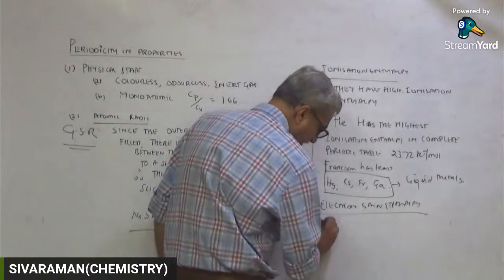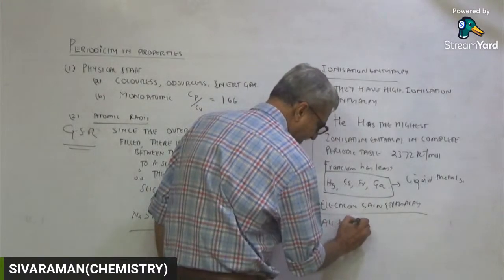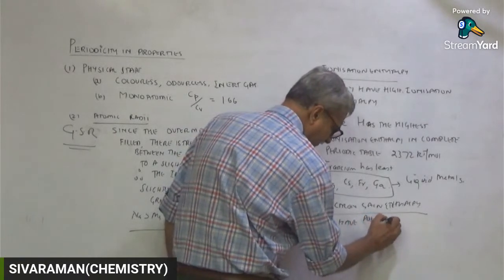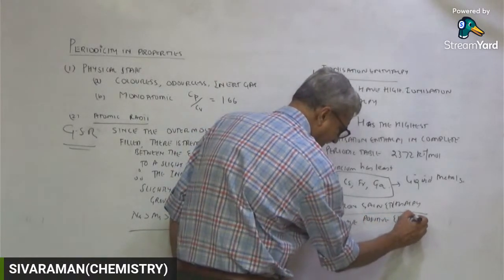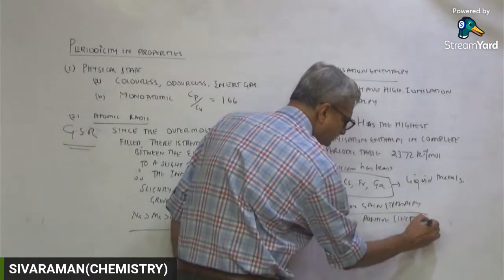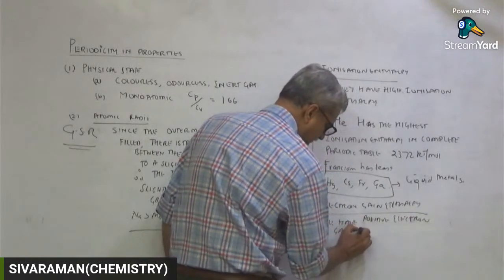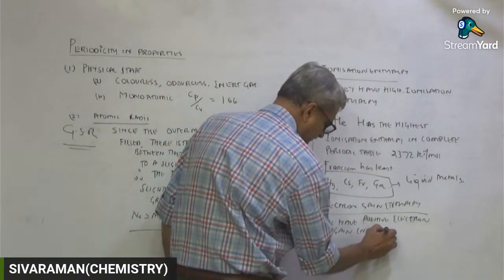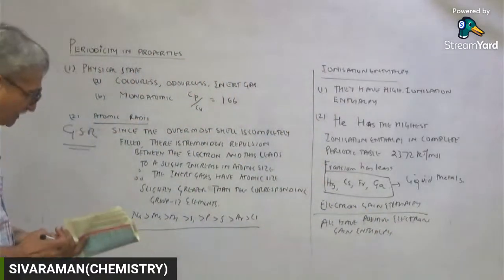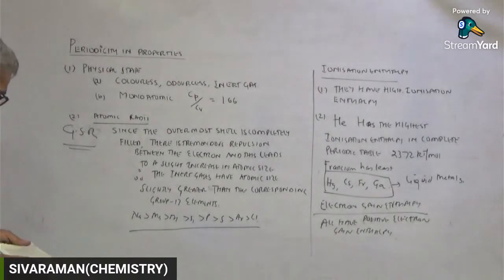So all of them have positive electron gain enthalpy. Nothing of significance over here. So please take down this one. Then we will look at melting and boiling point quickly. Liquefaction is very important.